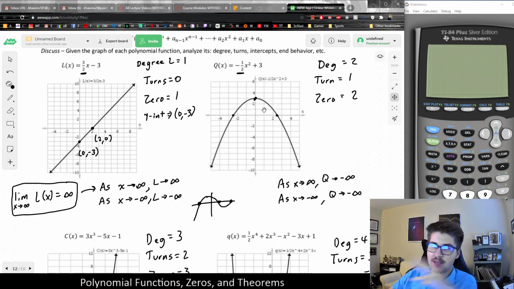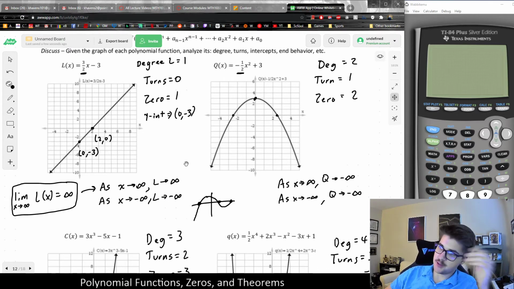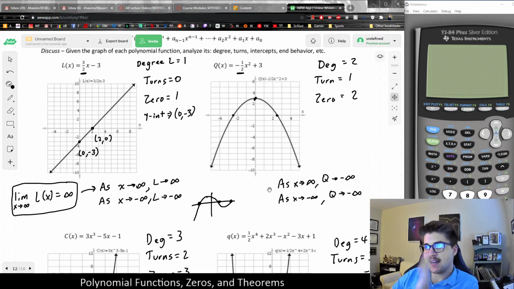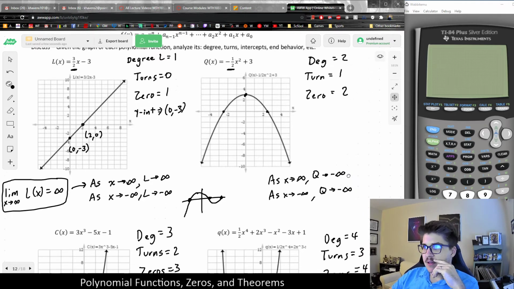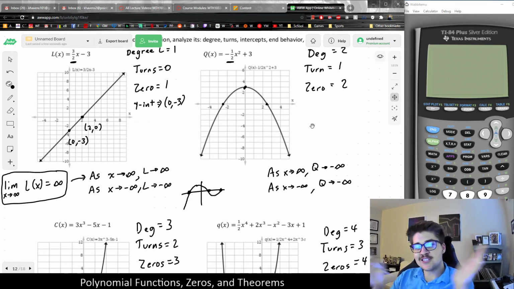Technically it's increasing, but if I'm viewing it from right to left, which is not how we define increasing, it's going downwards. Or you could say, where's the arrow going on the right hand side? Is it going up or down? That's how you determine whether it's plus or minus infinity. Both of these are going down, so they're both going to minus infinity. And notice that's true about parabolas, right?